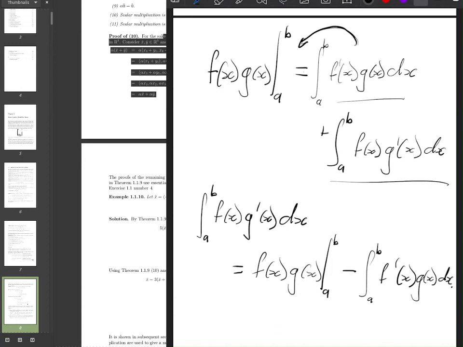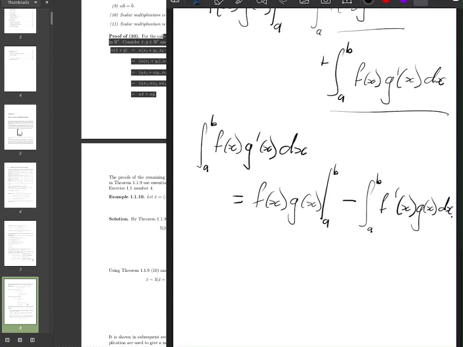Okay, so here we see that the technique called integration by parts is just the product rule for derivatives combined with the fundamental theorem of calculus and some rearrangement of the formula.